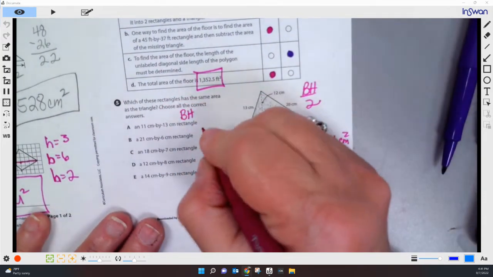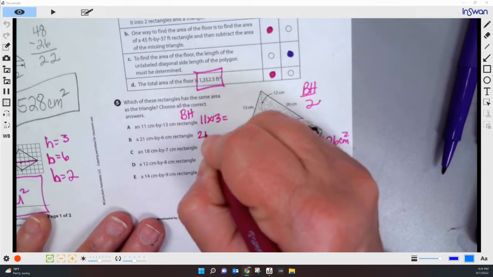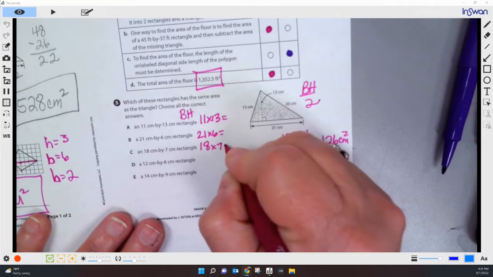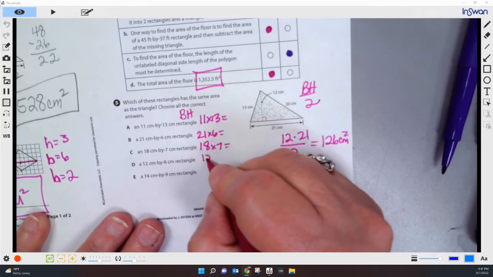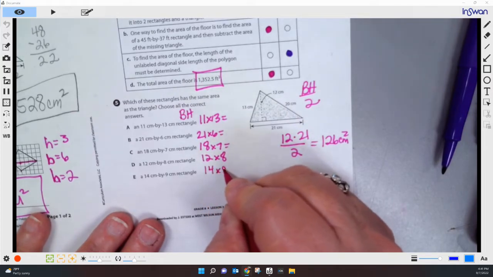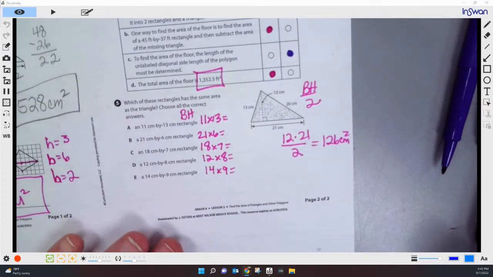And let's look at each one of these. 11 times 13, 21 times 6, 18 times 7, 12 times 8, 14 times 9. So let's look at which ones will work.